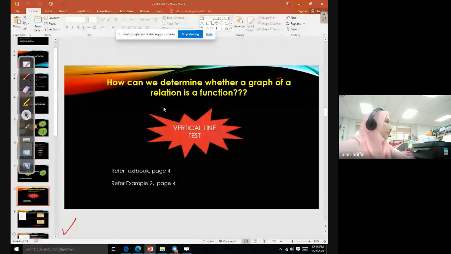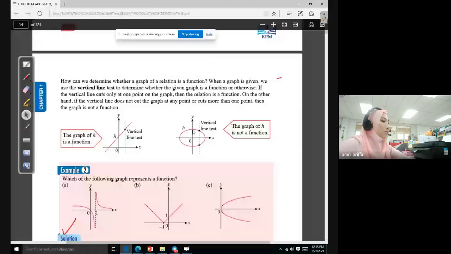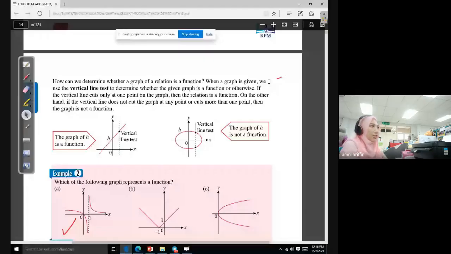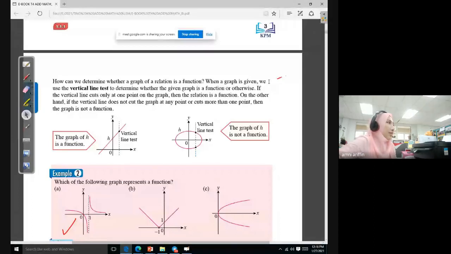Okay, page 4, this one. Tadi aku kata how can we determine whether a graph of a relation is a function or not. So first, when a graph is given, we use the vertical line test to determine whether the given graph is a function or otherwise.